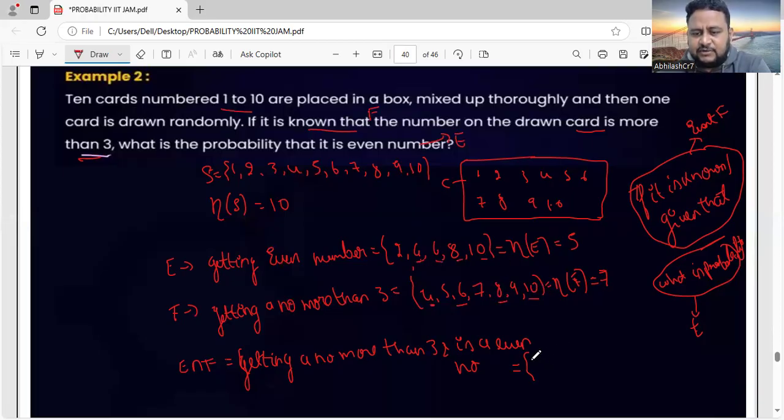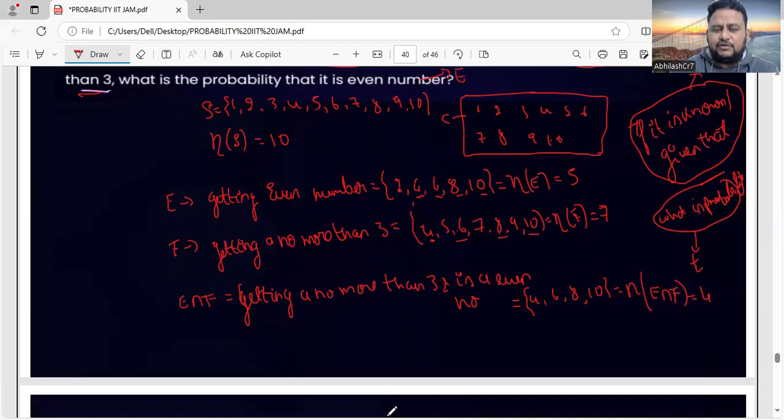So 4, 6, 8, and 10 are common. So n of E intersection F will be 1, 2, 3, 4, which is 4.